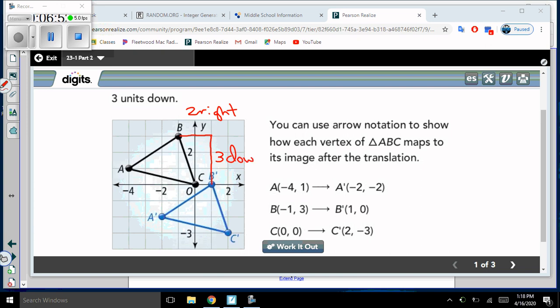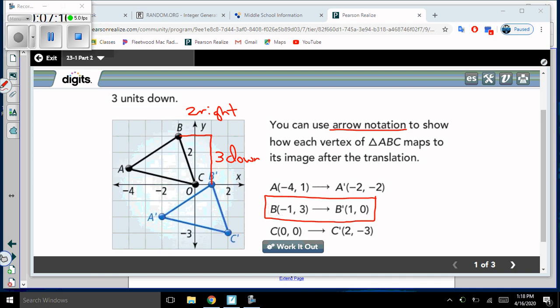And so what we're saying here is our notation could simply show that my original B is -1, 3, and my new B, known as B prime, is going to be in the position 1, 0. So this is what we're referring to as arrow notation. The same could be said of A moving to A prime.